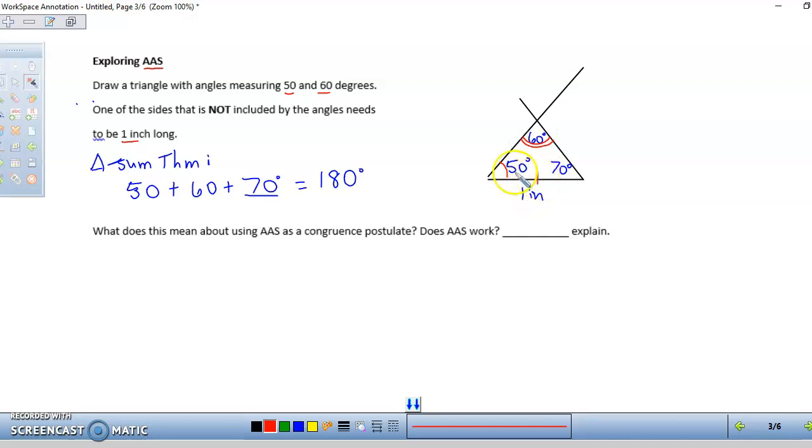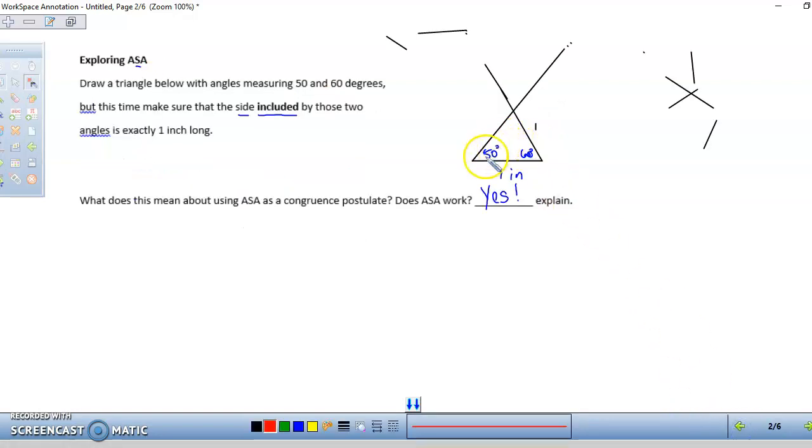In other words, the side is not connected to both of the angles. That's angle, angle, side. Previously, we were given this 1 inch side. The 50 degrees is still here, but notice where the 60 degrees is. It's attached to the side that's given. So this is angle, side, angle.